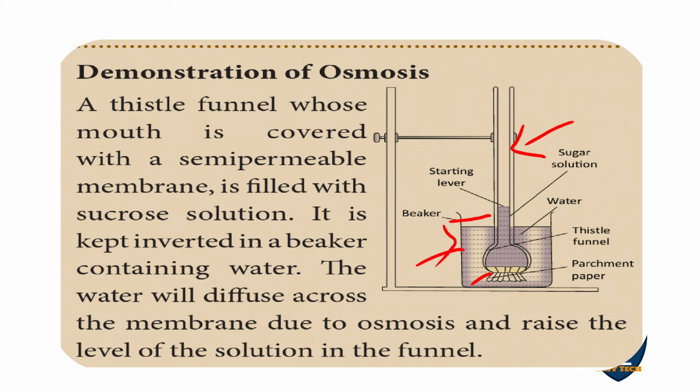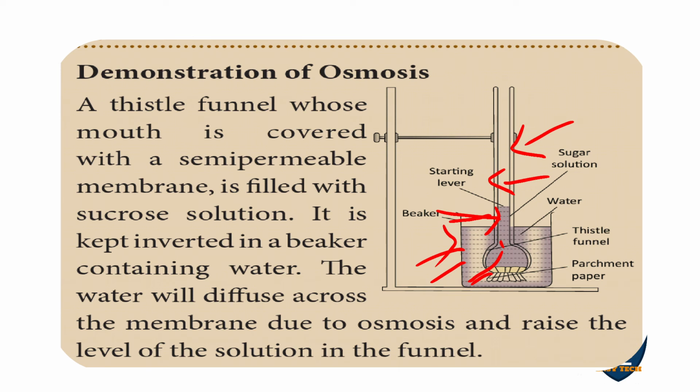After some time, you can see the rise in the level of the sucrose solution in the tube, and the level of water in the container changes. The water does not stay out, because the sucrose solution is at a higher concentration, so the water enters.